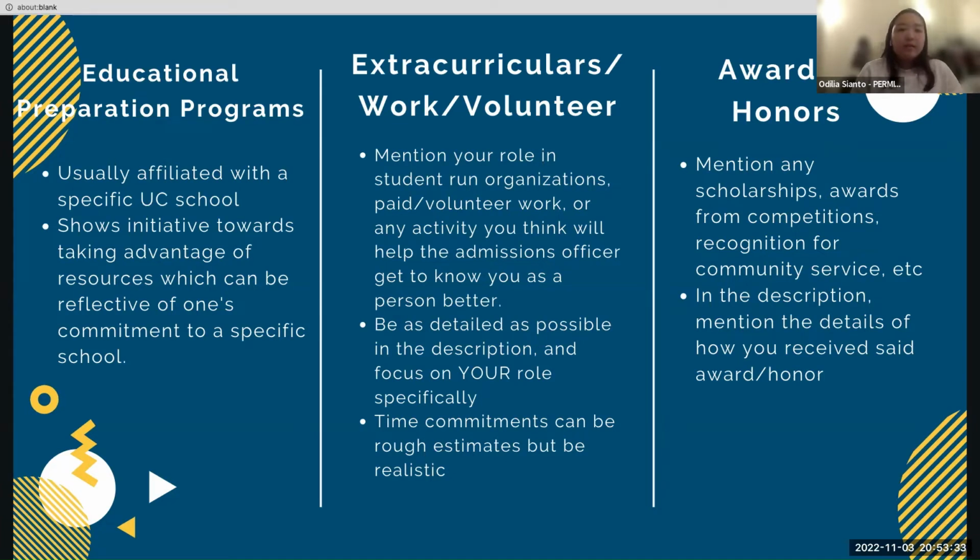So that's for your extracurriculars and your work and volunteering. Also, as a side note, I would recommend putting most of the things that you did in community college as a transfer student rather than what you did in high school. Of course, you can put things you did in high school, but try to make up the bulk of it with what you did during your time in community college.